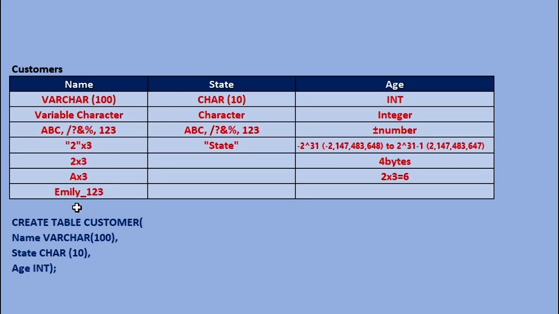These 1, 2, 3 numbers won't be treated as regular numbers. Rather, they are part of the whole string Emily underscore 1, 2, 3. So this was the difference between varchar or char and the int data type.